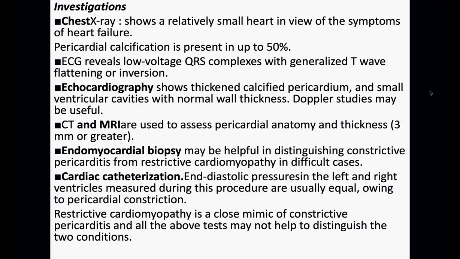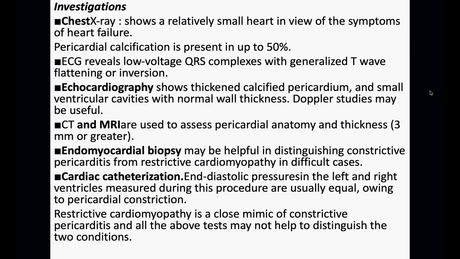Next slide. Investigation. Chest X-ray shows a relatively small heart in view of symptoms of heart failure. Here is one of the differential diagnoses of small heart with features of heart failure. Pericardial calcification is present in up to 50% of cases. ECG shows low voltage QRS complex.